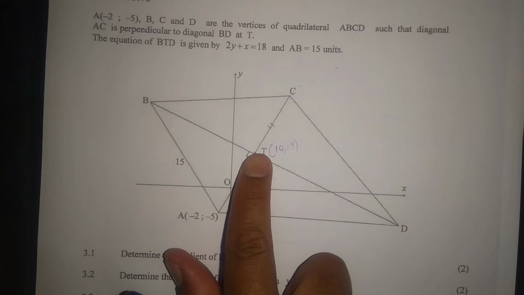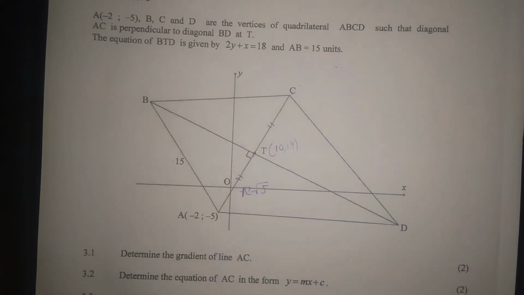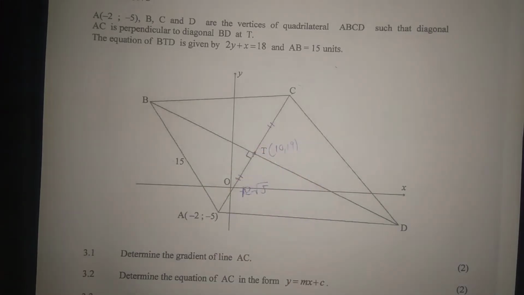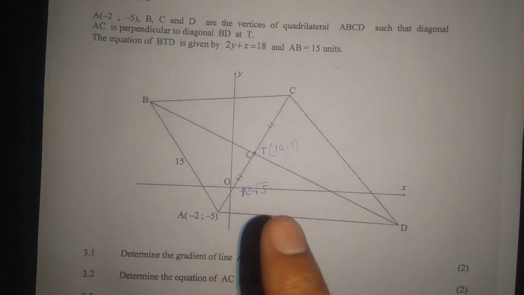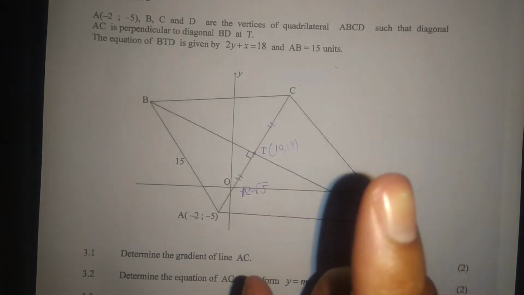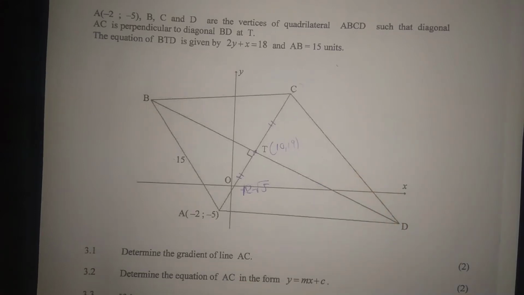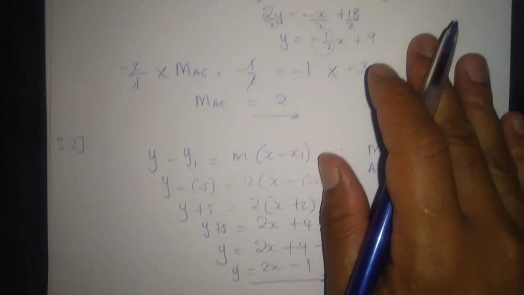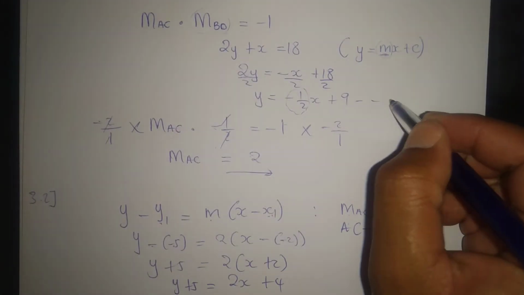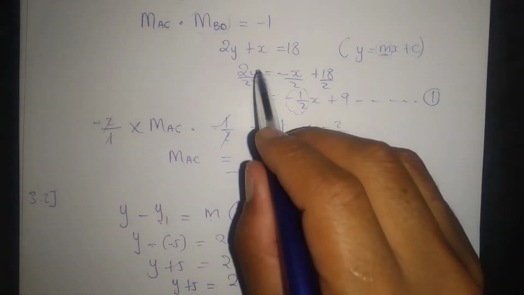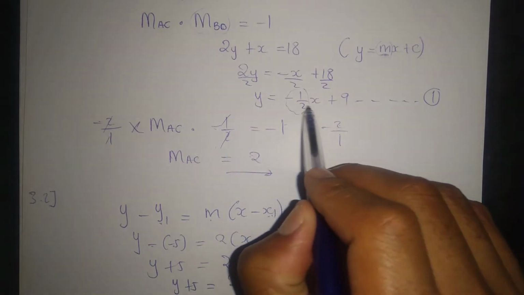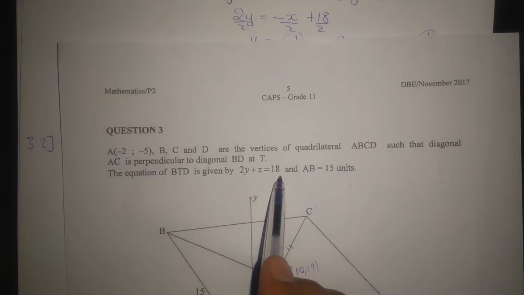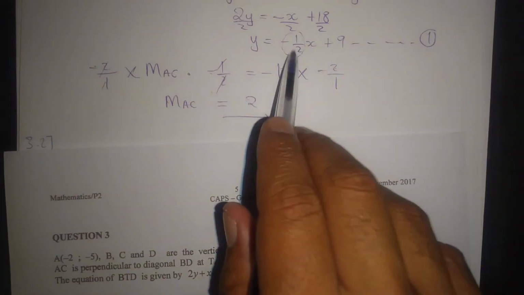A point of intersection means, in order to find the coordinates of a point of intersection, we need to solve these equations for the two lines simultaneously. So now, equation 1 for BTD, this equation for BTD I simplified to this form.